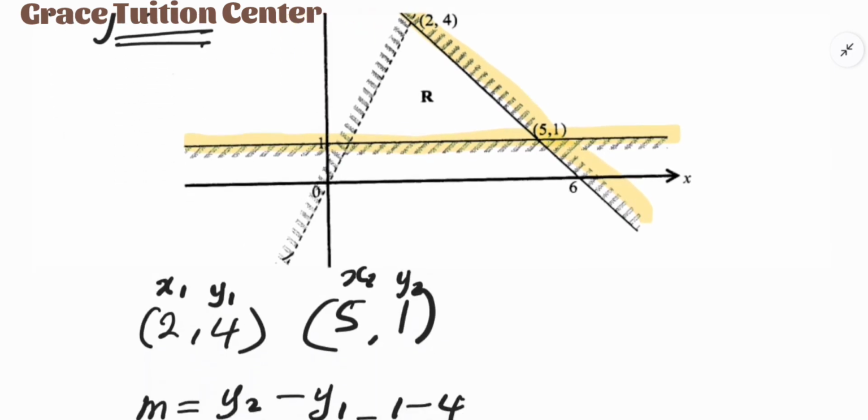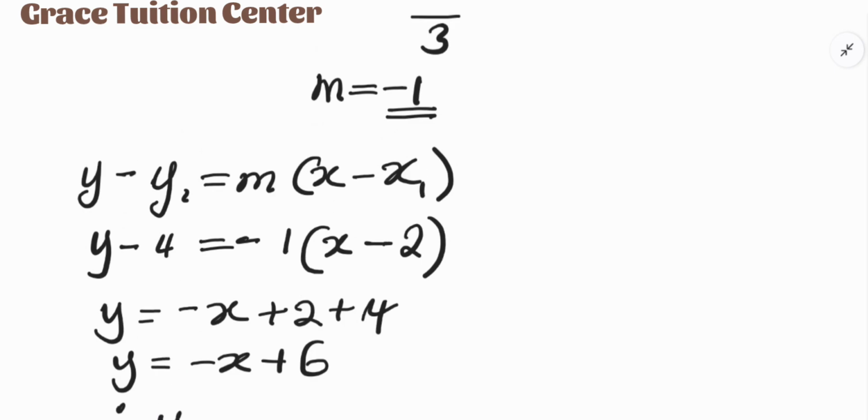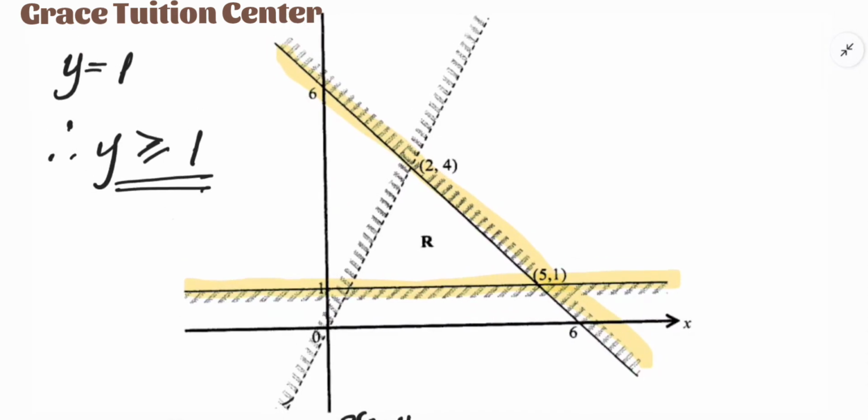Now, since we know the equation, we can go ahead and find the inequality. So we can conclude and say, therefore, our inequality y, before I write anything there, I'll go back to my line there. Let's check where this line cuts the y-axis. It cuts the y-axis there, right? So the region R, is it under this line here or on top of the line? So you can clearly see that this region is under the line.